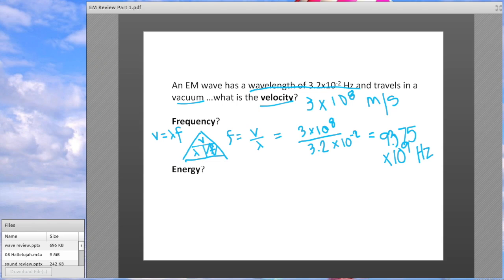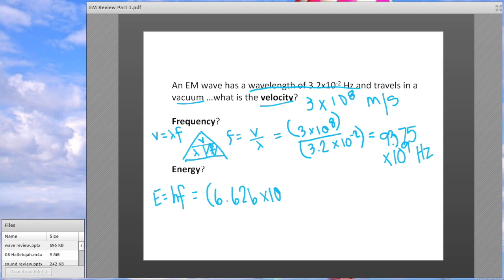So I've got 3 times 10 to the 8th divided by 3.2 times 10 to the negative 2, and I'm getting this big number, 9.375 times 10 to the, let me look at my calculator. Times 10 to the 9. And that's going to be in hertz.